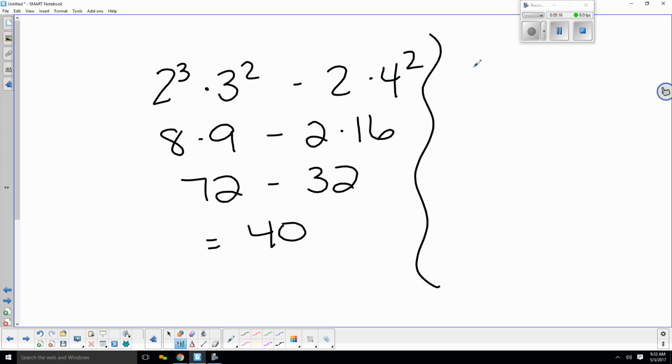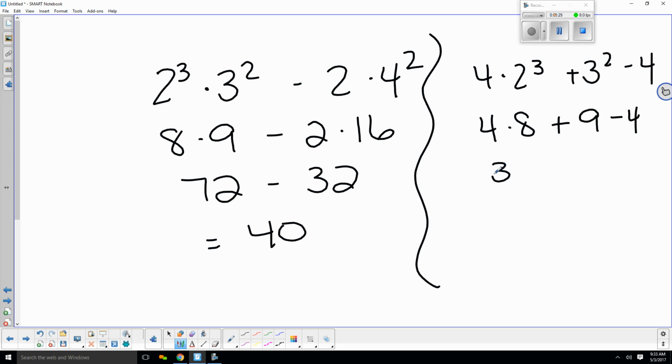Now I want to work the fourth equation over here. Fourth one did not.